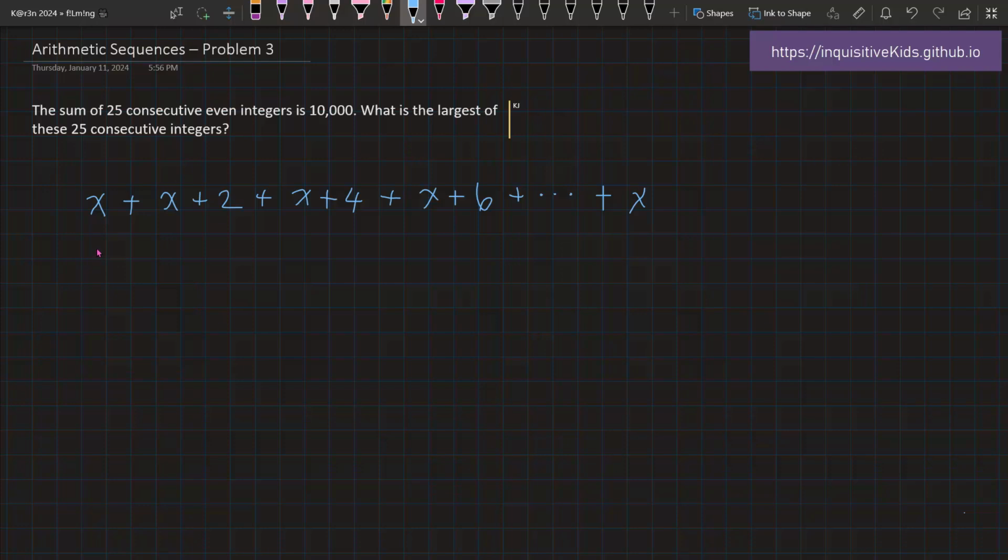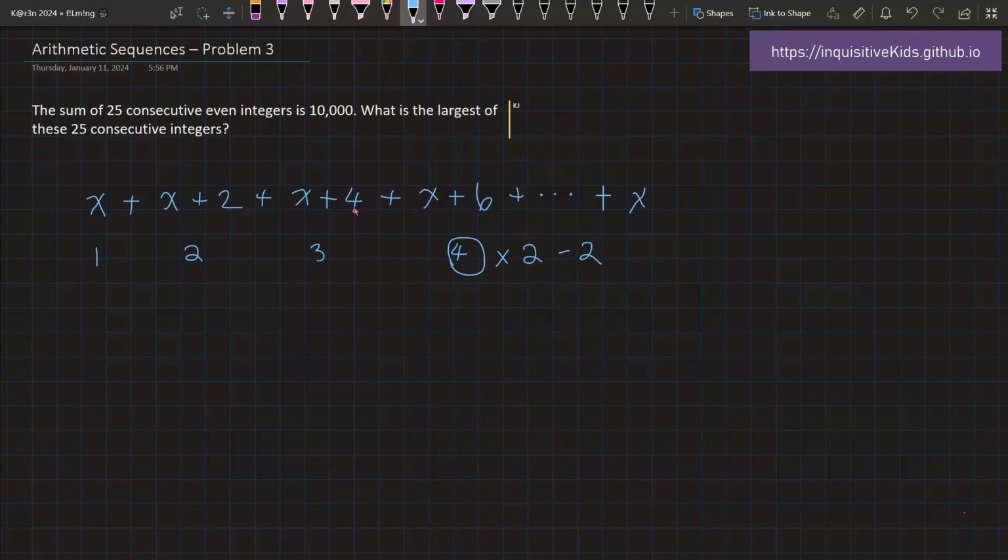We know that this is the first term, this is the second term, third term, fourth term. So we can see that the relationship between all of these numbers is that they are this number times 2 minus 2. Right?